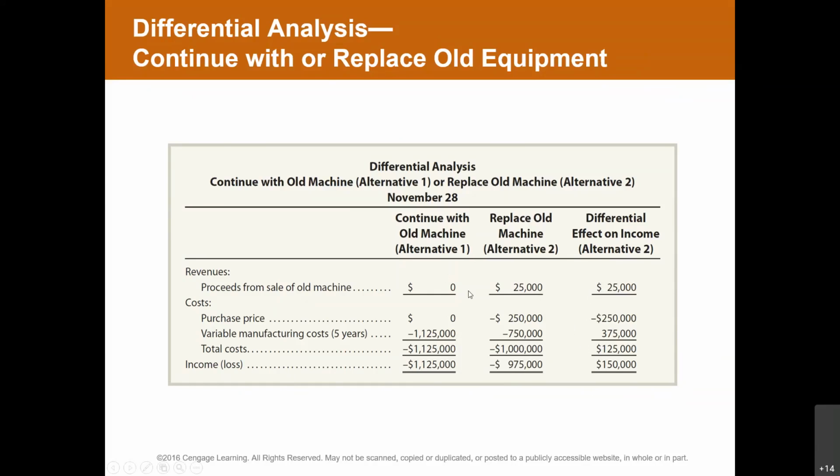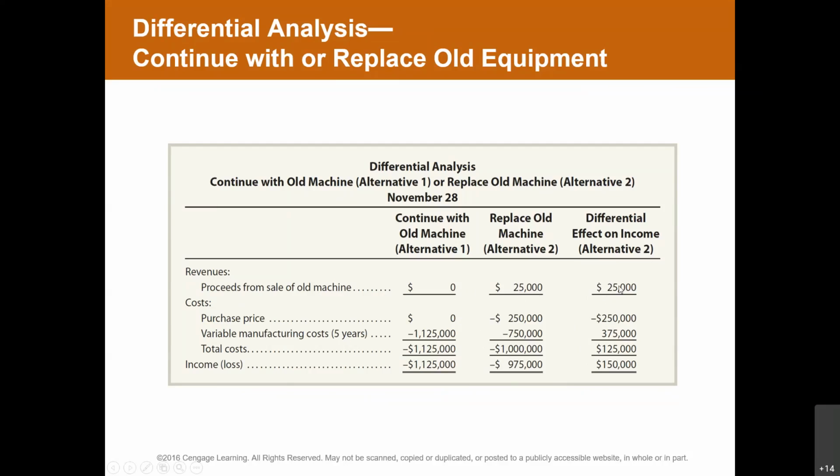Yeah, so Mark, the whole concept behind a differential analysis is to look at the difference between two decisions. Decision one was we keep the old machine running. Decision two is we replace the old machine with a new one. And so what I do is I take the difference of each decision to perform my differential analysis.